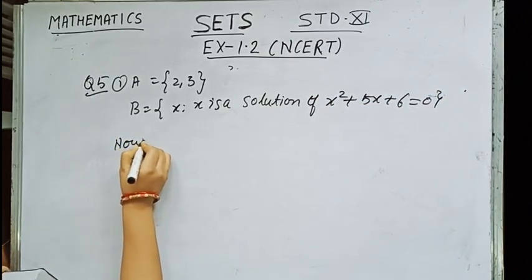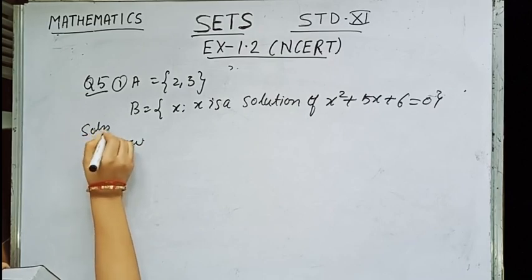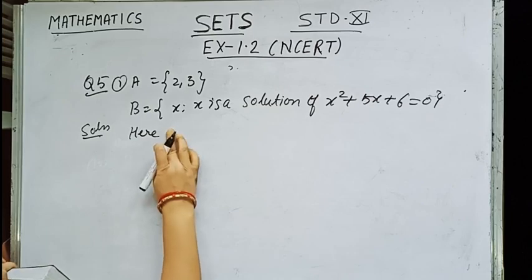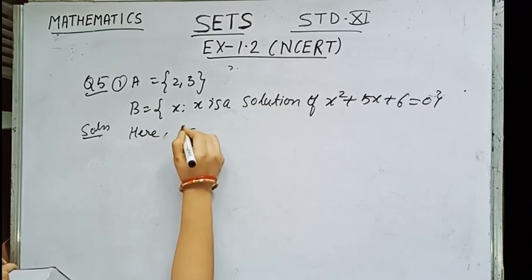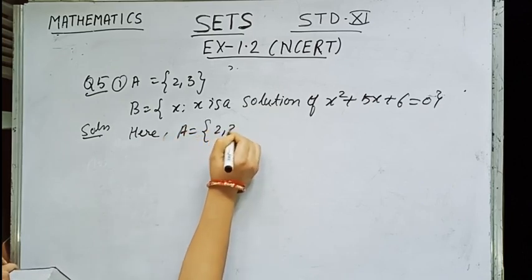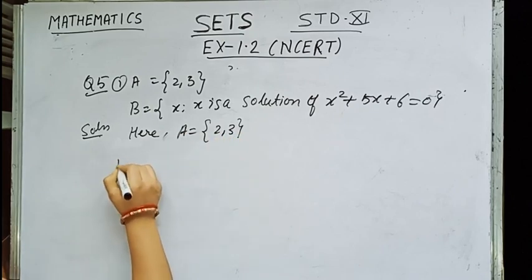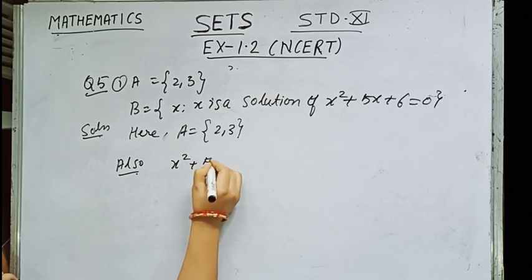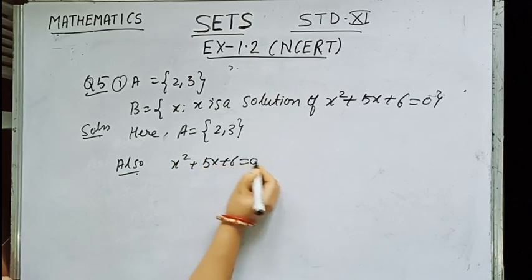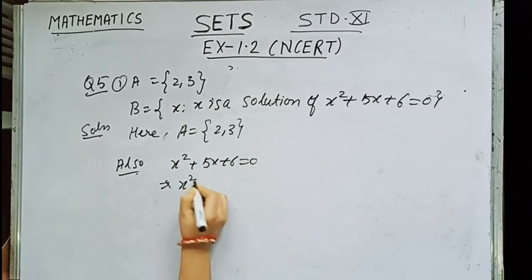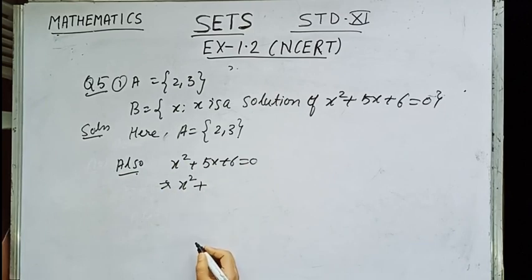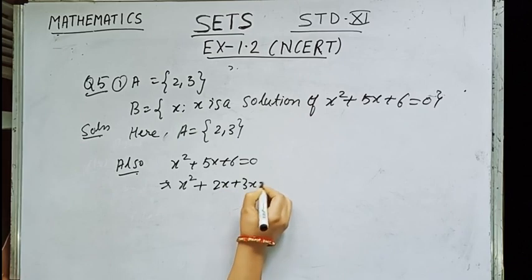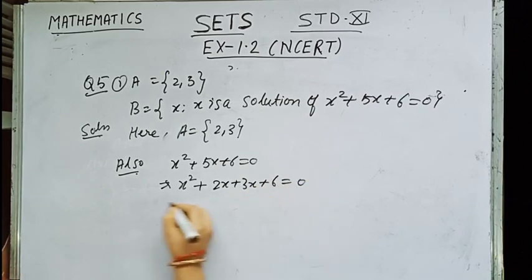Now in the solution part we will write here A equals the set containing 2, 3. Also x square plus 5x plus 6 equals 0 implies, let us factorize it, x square plus 2x plus 3x plus 6 equals 0. This implies x into (x plus 2) plus 3 into (x plus 2) equals 0.